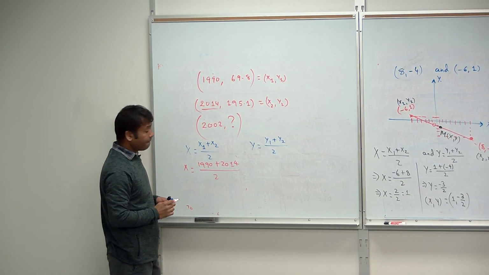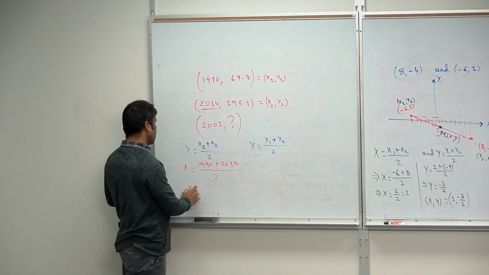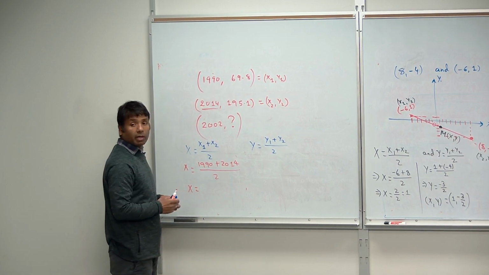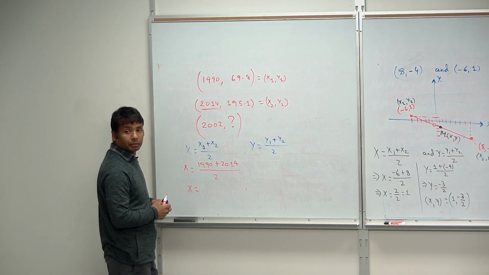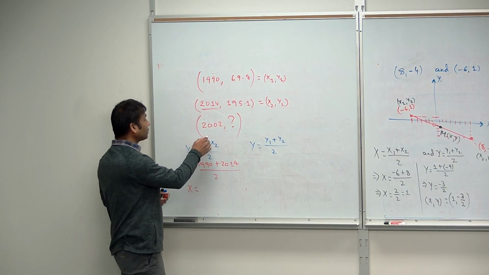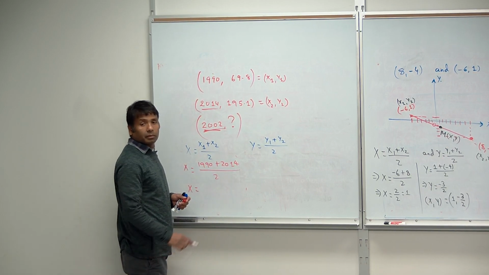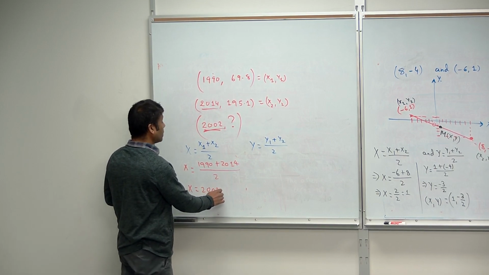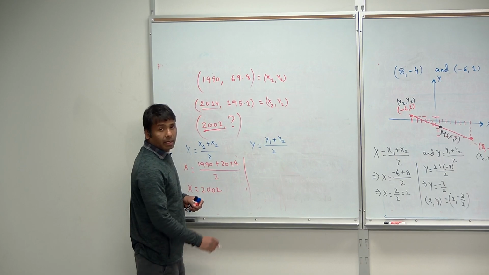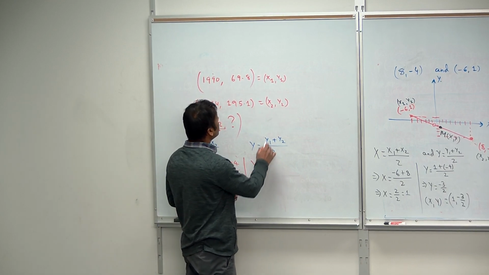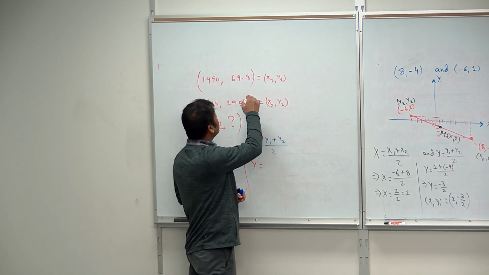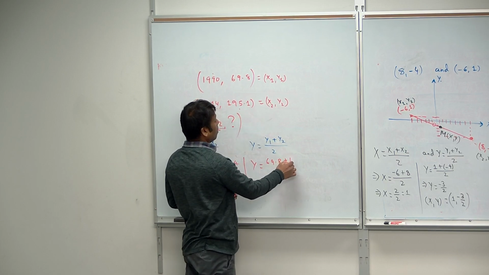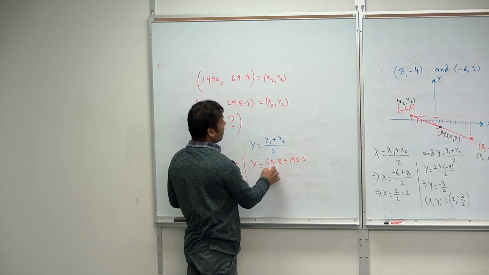If you do 1990 plus 2014 divided by 2, it should be 2002. And then for y, what is your y1? 69.8, plus your y2, 195.1, divided by 2.